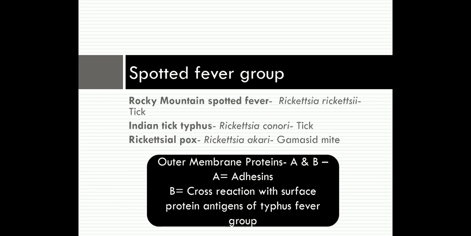The outer membrane protein A is coded by the SCA5 gene, and this particular outer membrane protein A is exclusively present only in the spotted fever group. The protein A helps in binding, and protein B causes cross reaction with surface protein antigens of the typhus fever group.